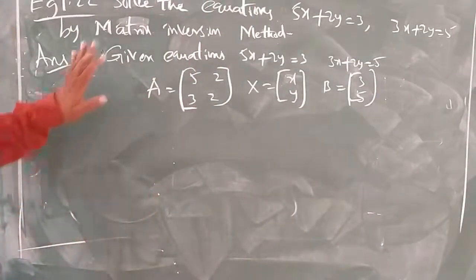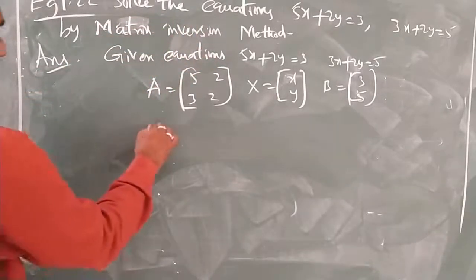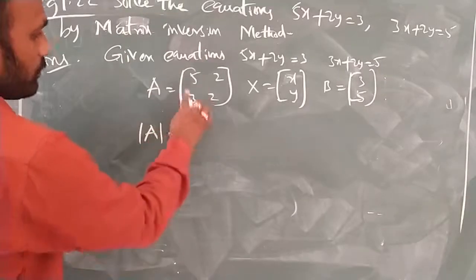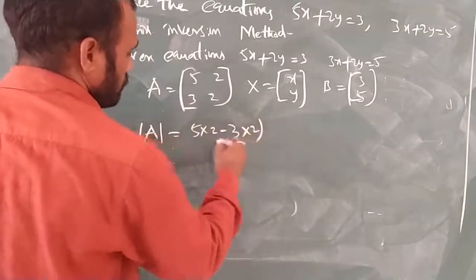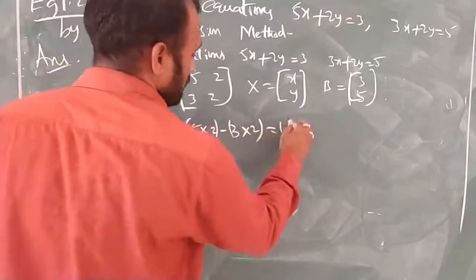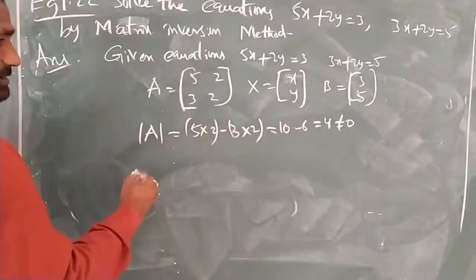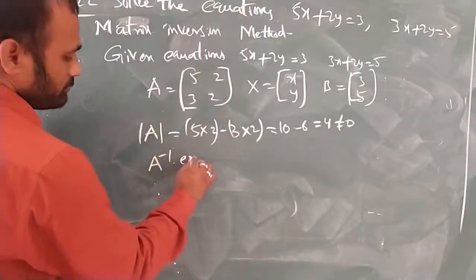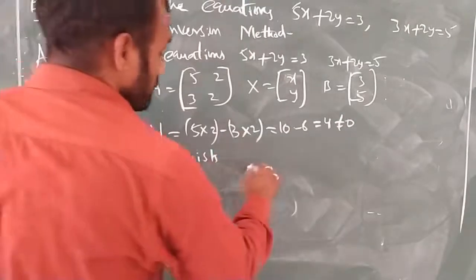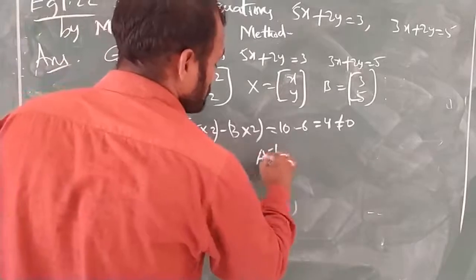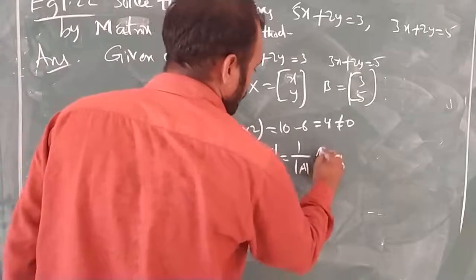Because whenever you are using the matrix inversion method, to get the inverse we have to first find the determinant of A. So determinant of A = AD minus BC, that is 5 into 2 minus 3 into 2. So 5 2s are 10, 10 minus 6, which is 4, which is not equal to 0, so A inverse exists.